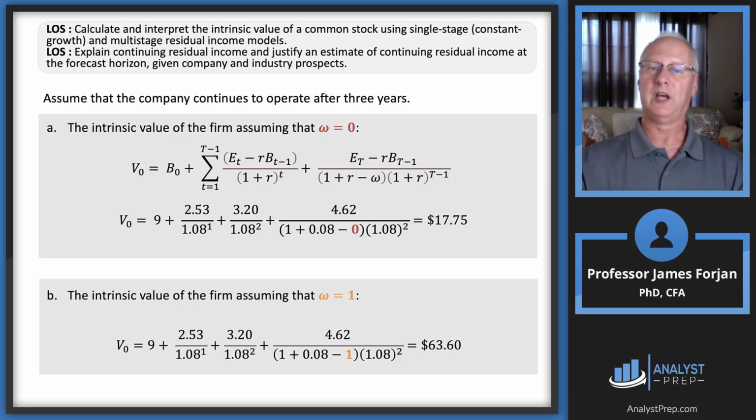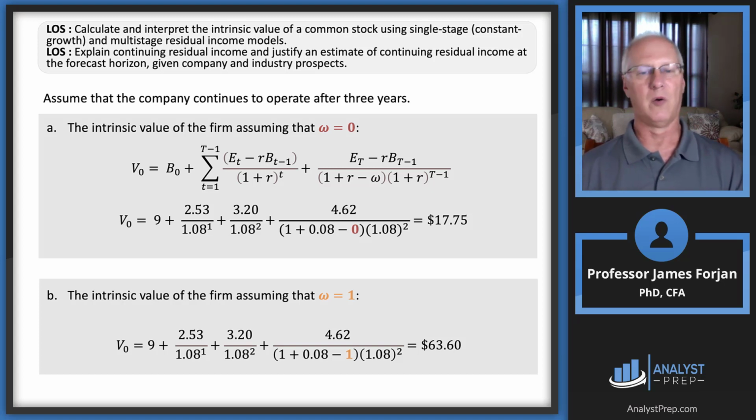But then let's go to the other extreme. Let's suppose we say that persistence is 1. So all we do is the same math. We put a 1 in the denominator and we get, oh my gosh, what is that number? $63.60. So we could have put together an Excel spreadsheet and done persistence factors of .10 and .20 and .30 and .40 and .50, all the way up, every number between 0 and 1.